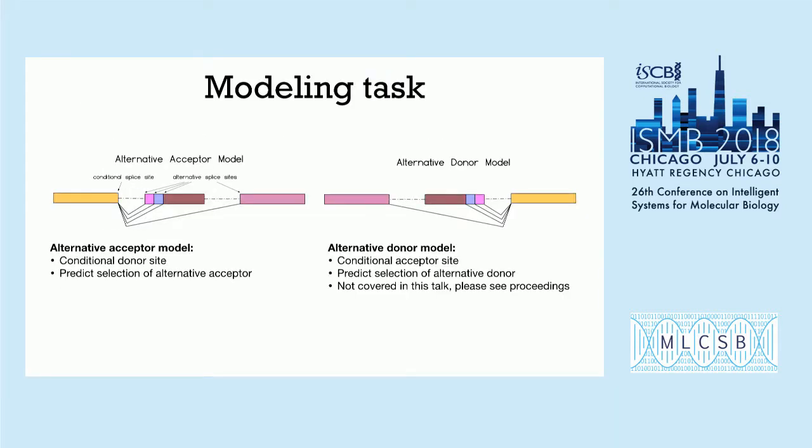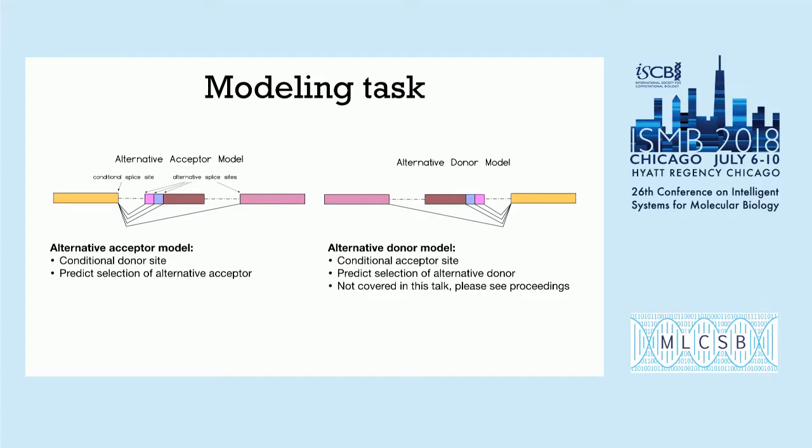Ideally, we would want a model that can predict any possible donor being spliced to any possible acceptor. But here we're introducing a little bit more structure. So we are building 2 models. In the first model, we are conditioning on a donor site, and we consider multiple possible acceptor sites.